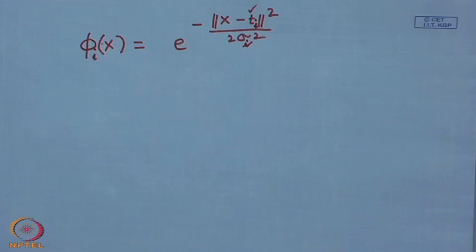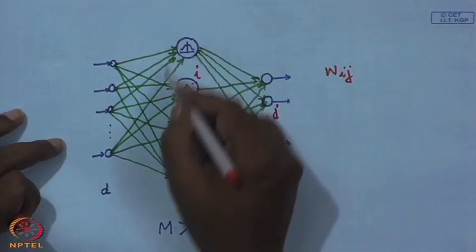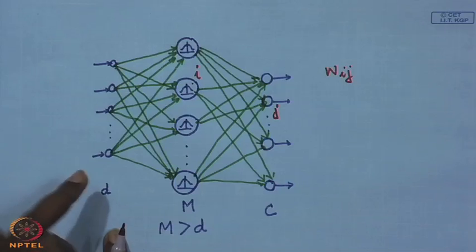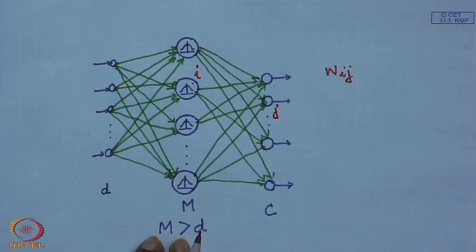And the second level of learning is, once through these radial basis functions, a d-dimensional feature vector is projected onto an m-dimensional feature vector. So, basically what we are doing is, we are increasing the dimensionality of the feature vector.